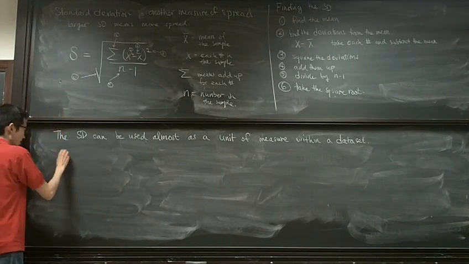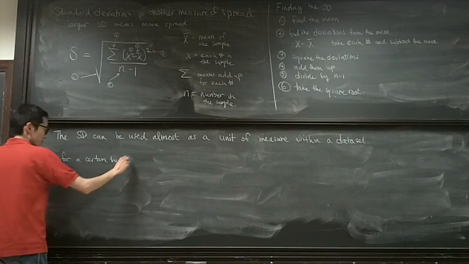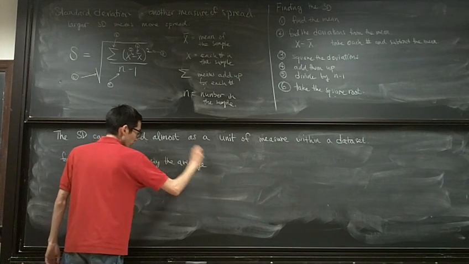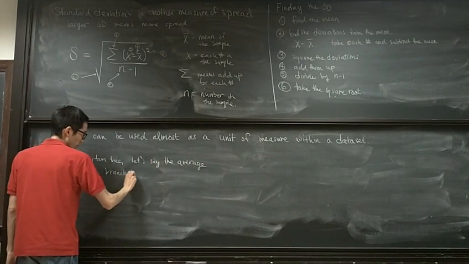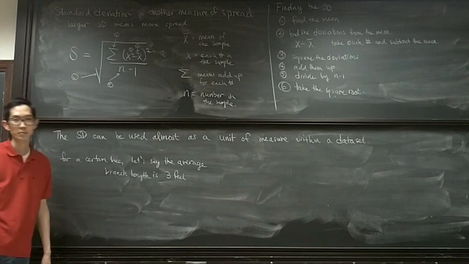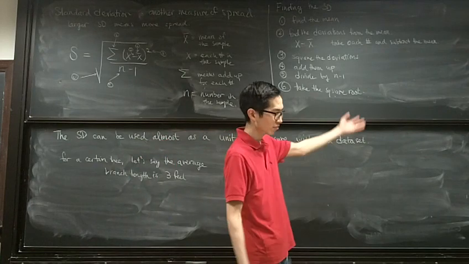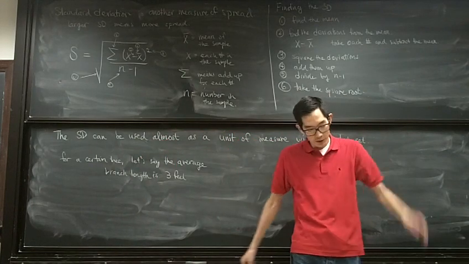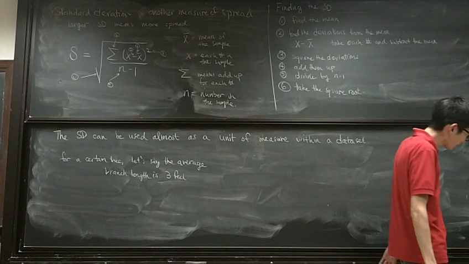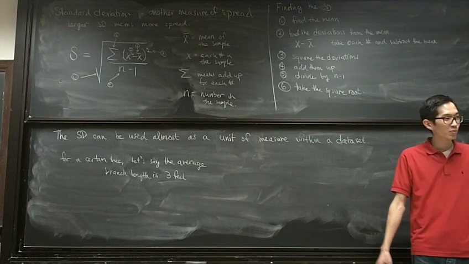Let's say I saw a tree and its branch length was longer than average. It was 3 feet 3 inches.